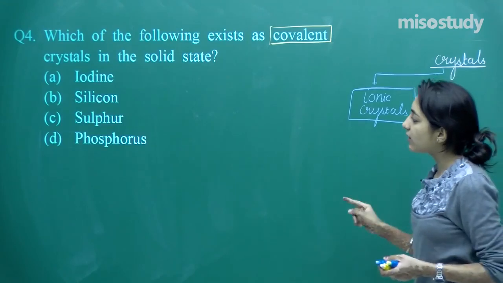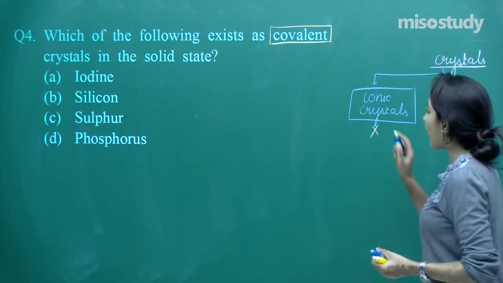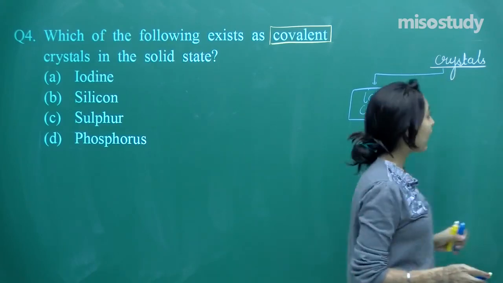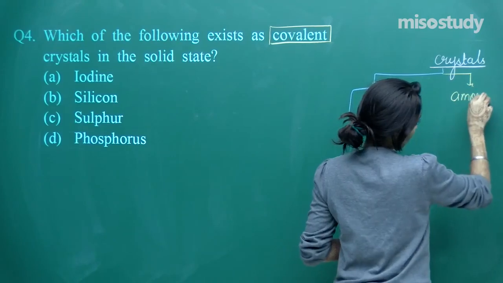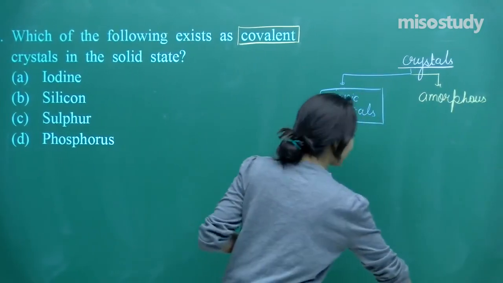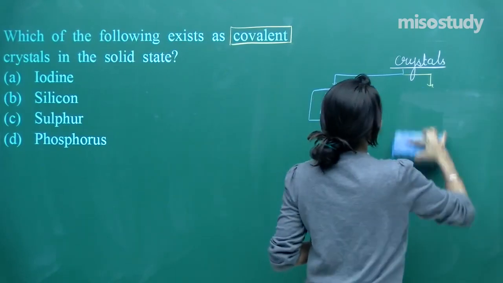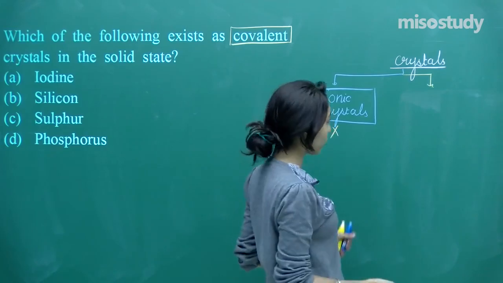We have iodine, silicon, sulfur, phosphorus. No, there is no ionic crystal. So ionic crystals are gone. Then after that we had amorphous substances, but these are not crystals, so let me just remove the case of amorphous because they are a separate class. So let us just ignore them.